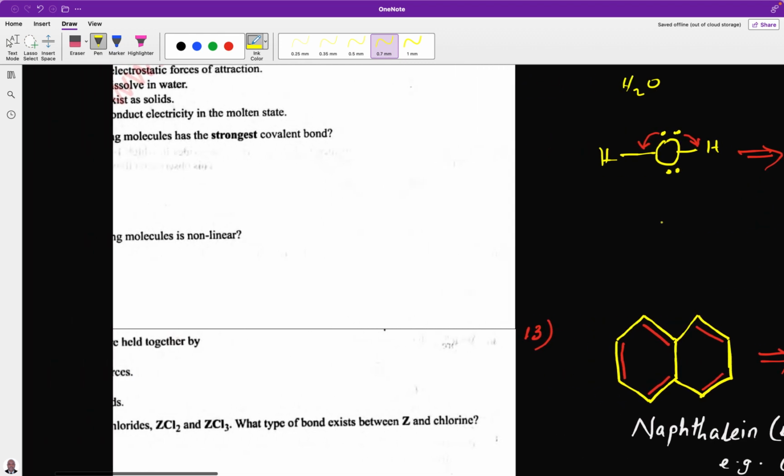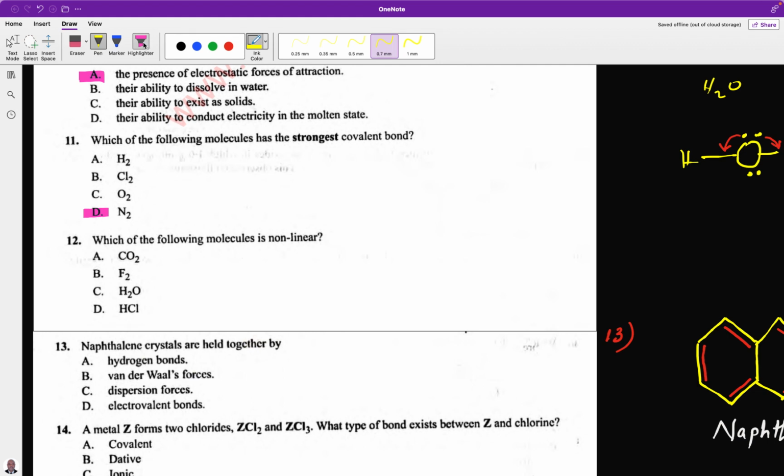So for that purpose, we are going to take water to be non-linear. This one is linear, this one is linear, this one is linear, but this one is non-linear because of the repulsion between the lone pair of electrons and the bonding pair of electrons, which I've just shown there. So our answer for 12 is C.